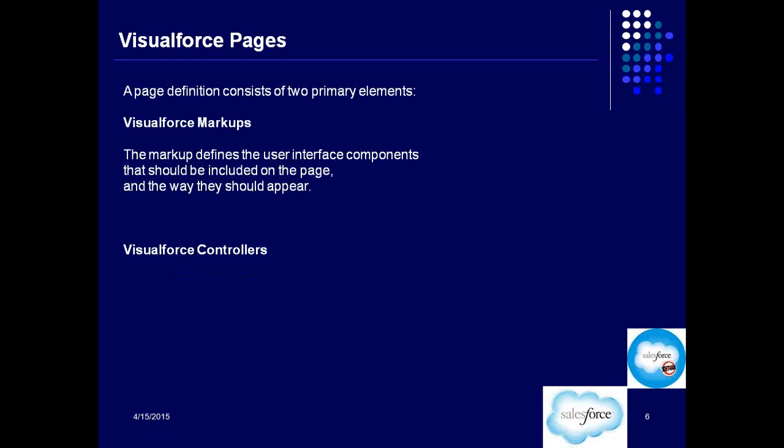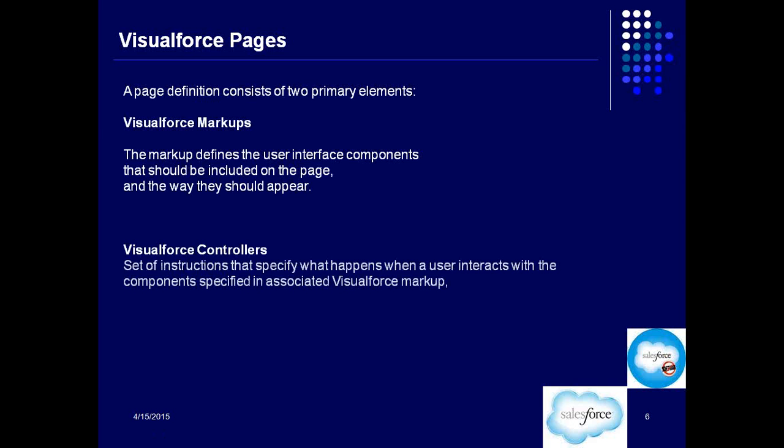So Visualforce controller is basically a set of instructions that specify what happens when a user interacts with the components specified in the associated Visualforce markup. So what happens when the user interacts with the markups or with the components of the Visualforce page? That is the controller. That is what a controller does. Okay. Such as when a user clicks on a button or a link.